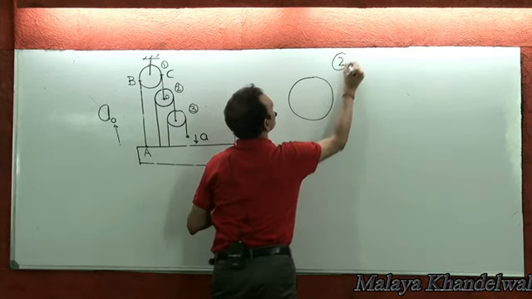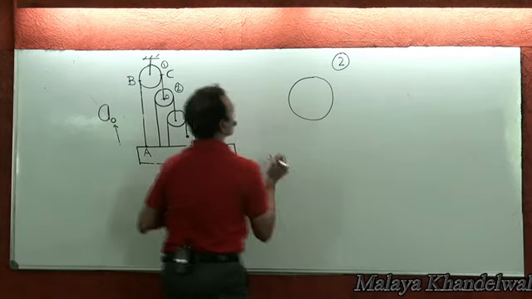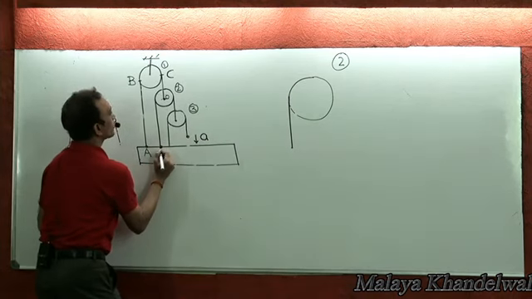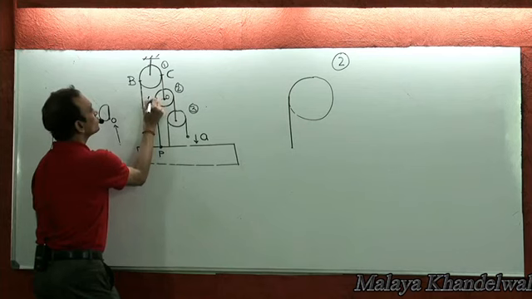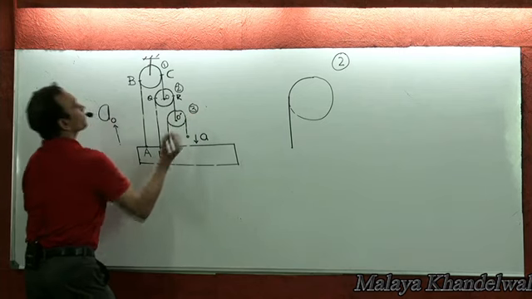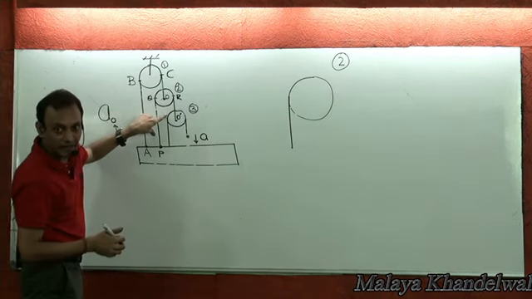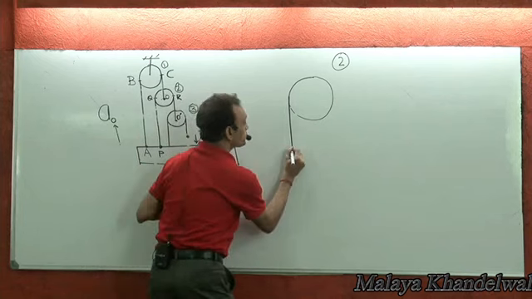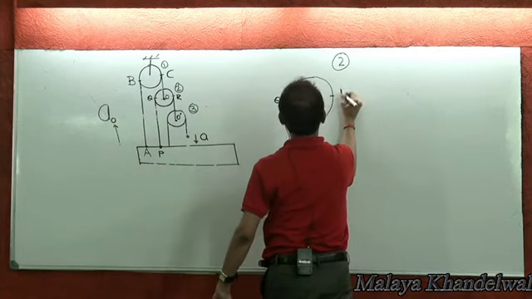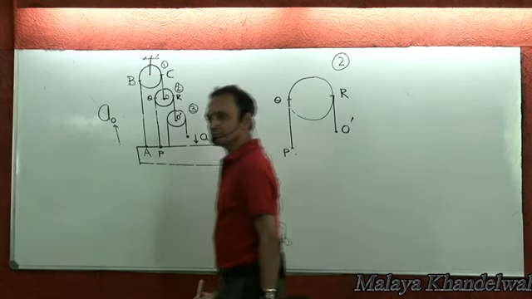So if you look at pulley 2, let me call the points P, Q, R, and say this is O prime. This pulley 2 has a downward acceleration A0.